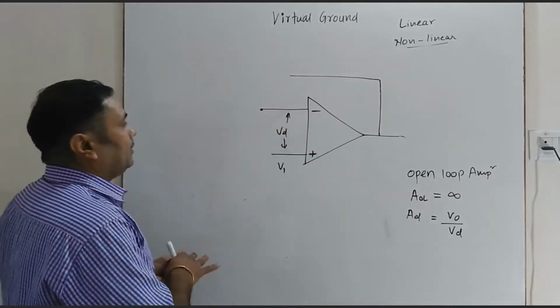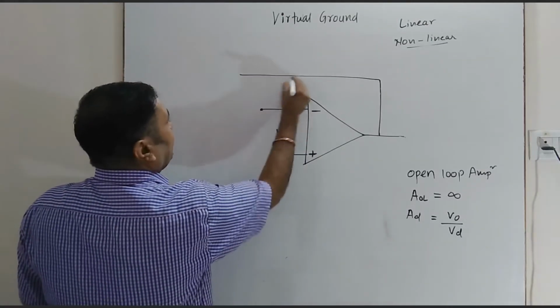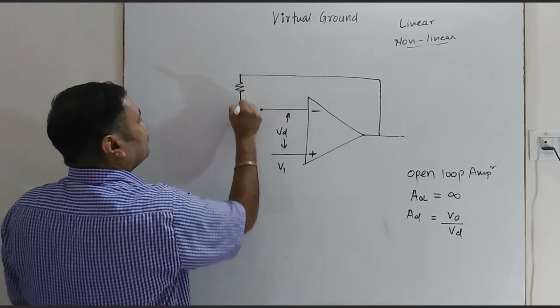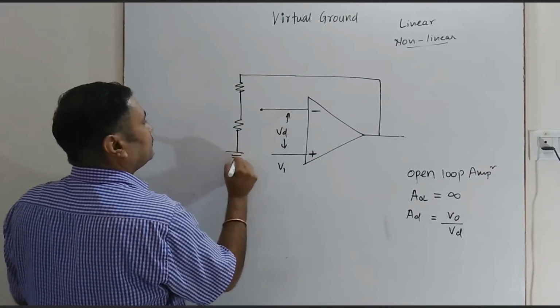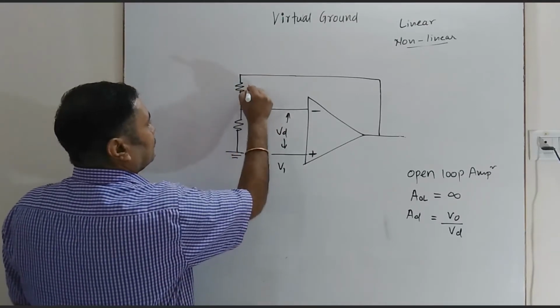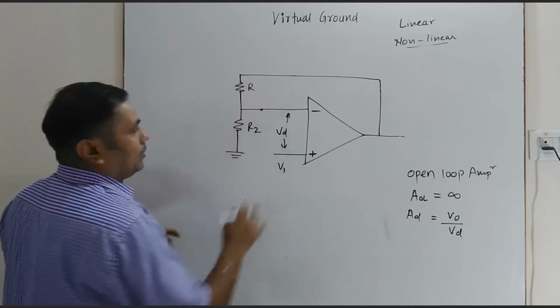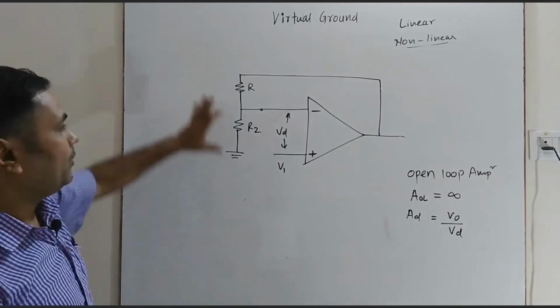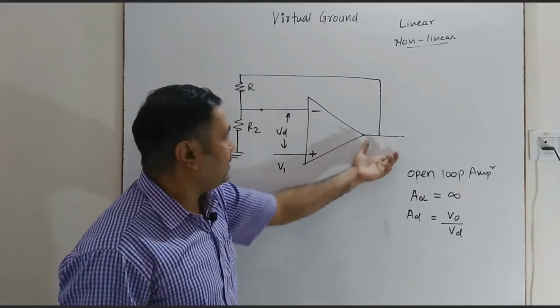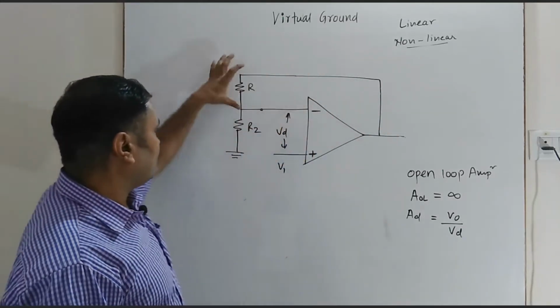How is this done? It is done with a voltage divider. So this is how we can achieve a feedback circuit. The output voltage is given to the inverting terminal through a voltage divider.